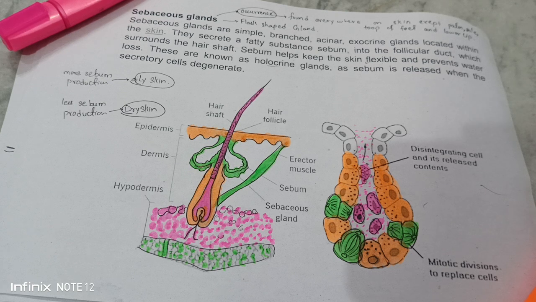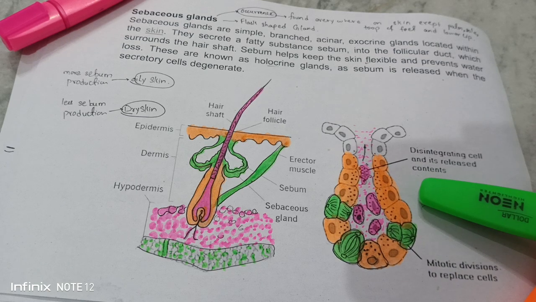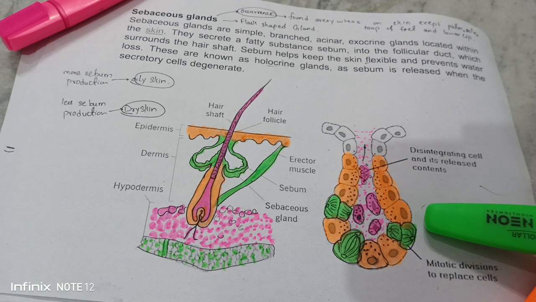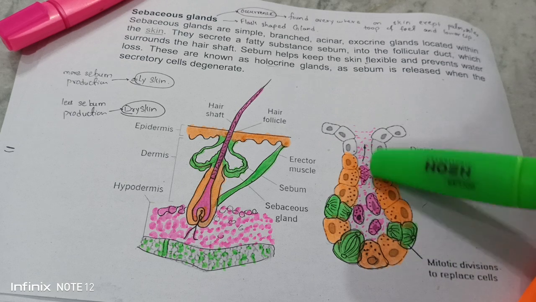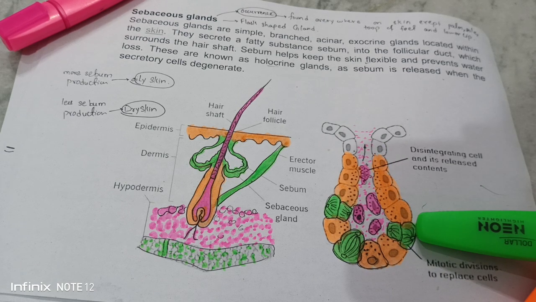And if all the cells move out through the secretion, then what will be left? The answer to this question is that they have mitotic division in them. So the green color highlighted cells show you that mitotic division is occurring, and there is the replacement of new cells and also the removal of old cells, which is shown by the pink color, while the green color represents the mitotic cells.